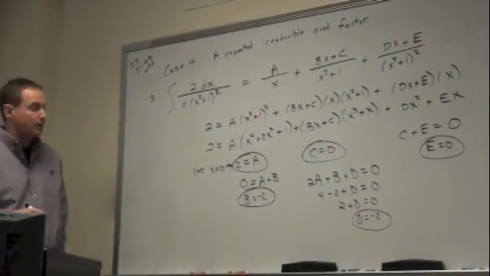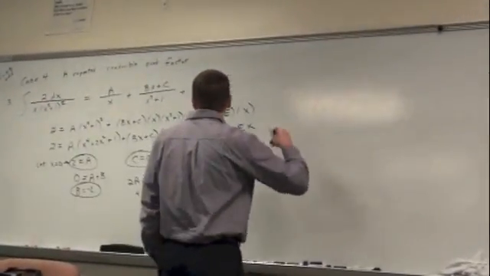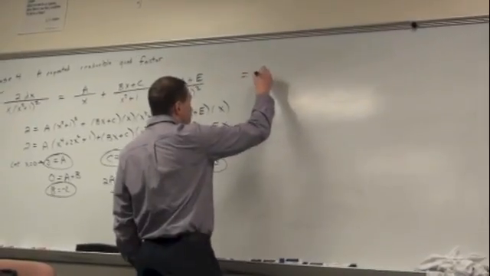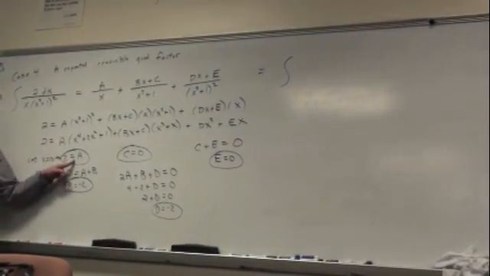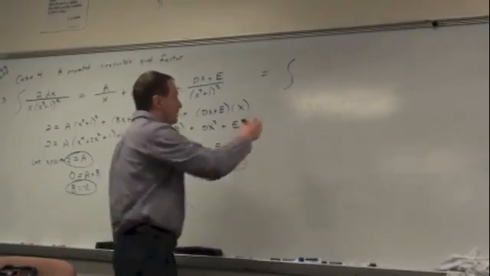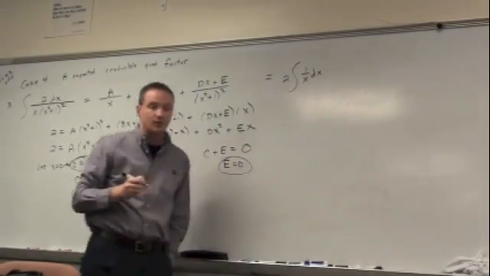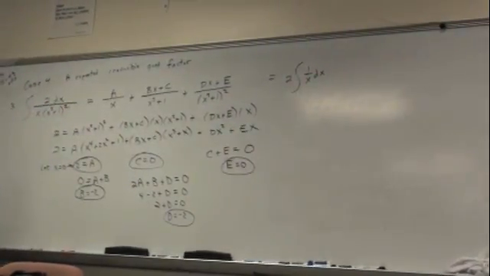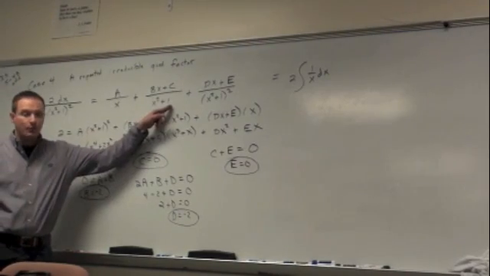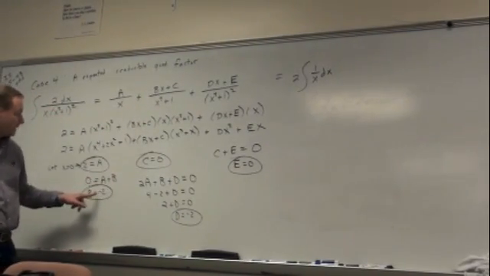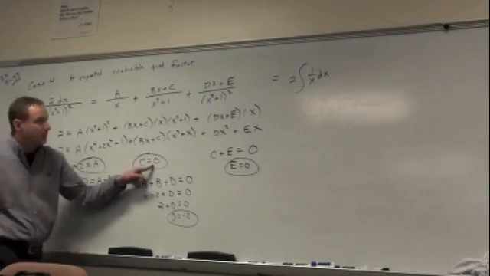I have this problem worked out as far as the numbers A, B, C, D, and E that go in there. So this is going to equal the integral of A over x, where A is 2. I'm going to go ahead and factor that 2 out and call that 2 times the integral of 1 over x dx. We know that that's 2 natural log of x. I move to the next term, Bx plus C over x squared plus 1. So I can say, well, B is right here. That's going to be minus 2x plus 0.